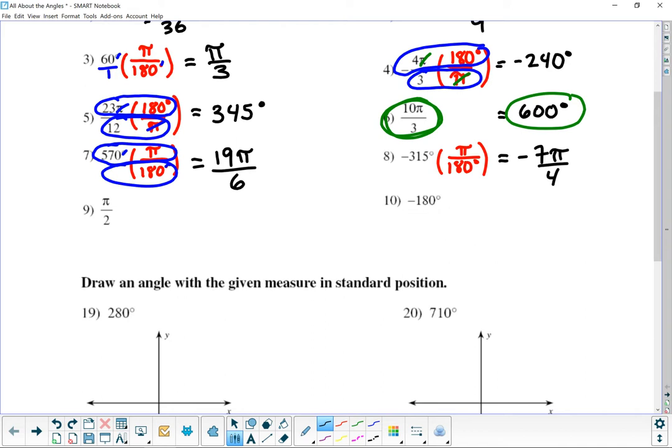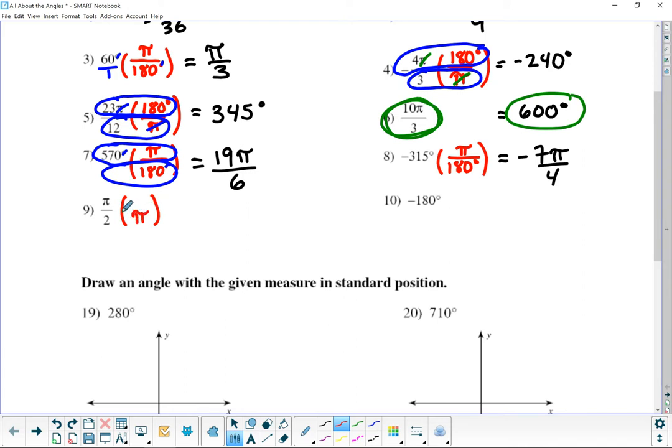Okay, almost done with this first part. One more time, pi over 2. Actually, we already know what pi over 2 is. This is in our notes. We already know that pi over 2 is 90 degrees. But let's double check it, because we know this answer. Let's convert it just the same. Because this is already in radians, it's in pi, we want to get rid of the pi.